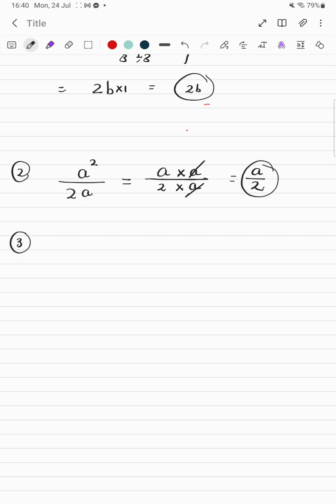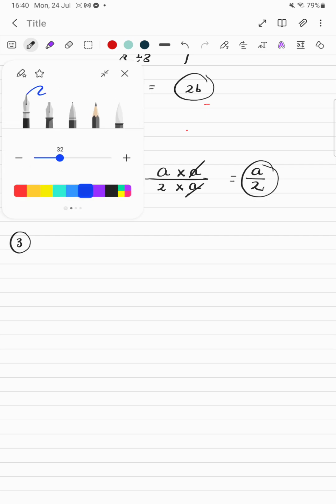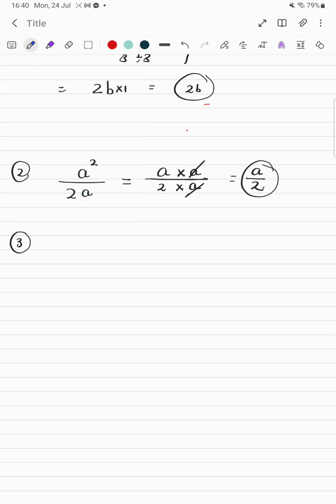Now there is another example: 6a squared b divided by 3b. First I write it in the form of multiplication. So 6 times a times a times b is the numerator, and in the denominator I have 3 times b.